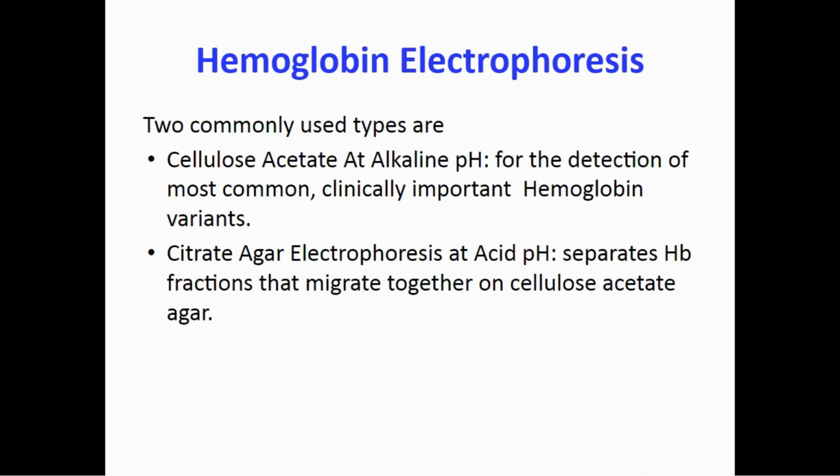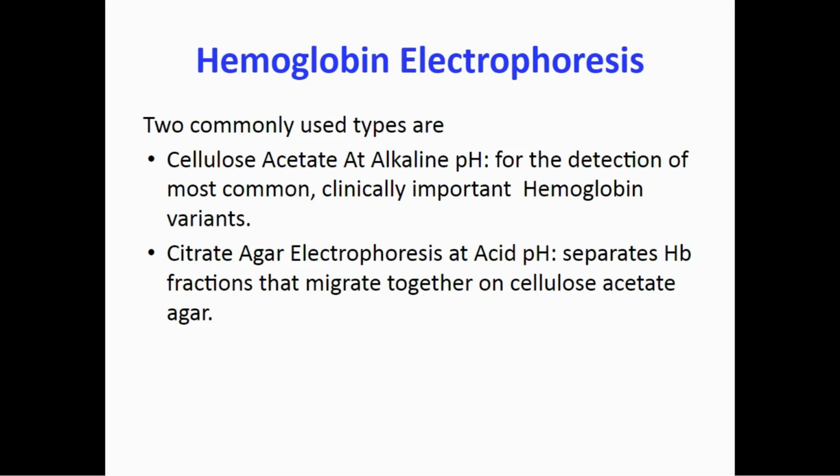The citrate agar electrophoresis at acidic pH permits the separation of major hemoglobins based on the relative mobilities of variant hemoglobins. The pH of this citrate agar electrophoresis is around 6 to 6.2.